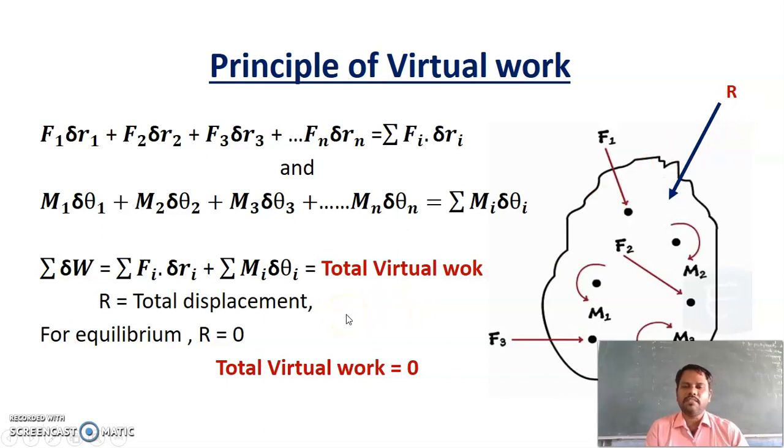If the total displacement, which is R, is equal to 0, which is a condition for equilibrium, then the total virtual work is 0.